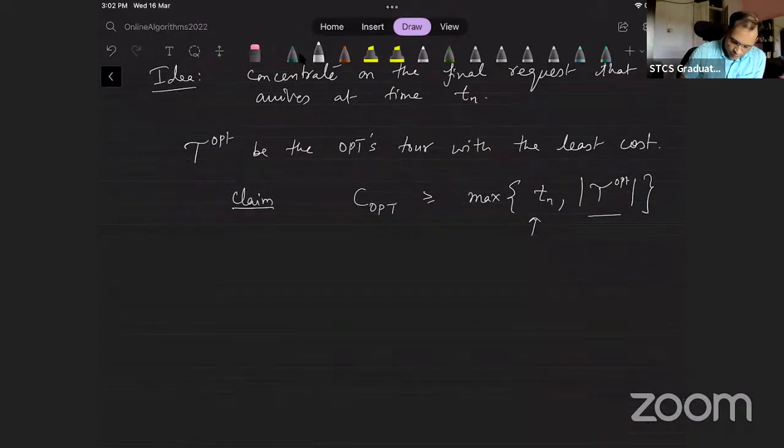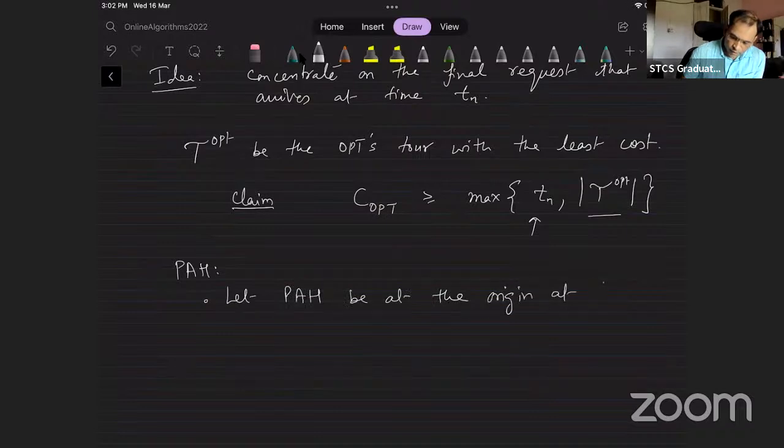All right. So now for the PAH, let's look at what happens if at time Tn. So time Tn is what is of importance to us. So let PAH be at the origin at time Tn.